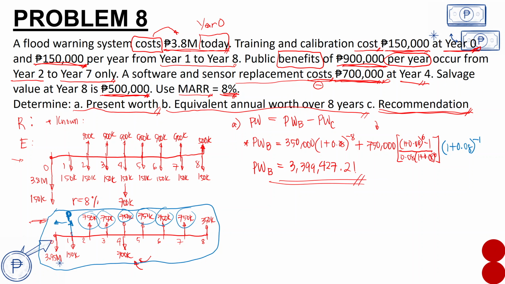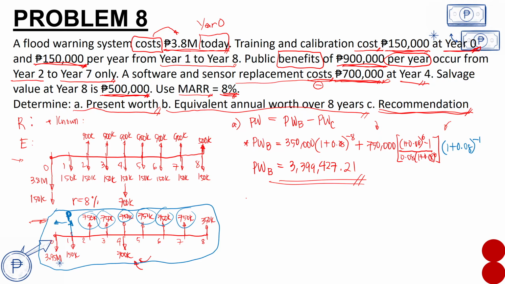So in this problem, I just combined all the benefits or inflows, so we are just going to solve them once instead of repeatedly. And for this one, I just combined everything instead of solving individually the present value of the 750,000 annuity at year 1 and then getting the present worth of that at year 0.